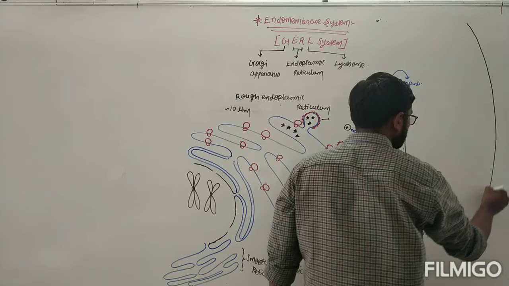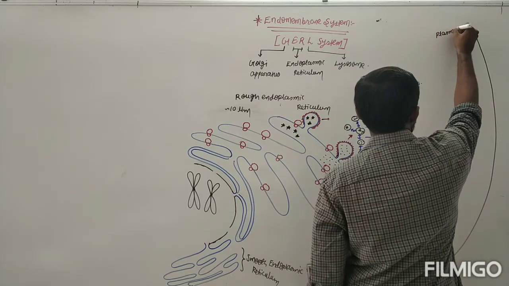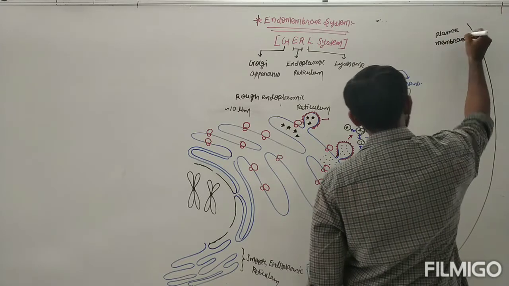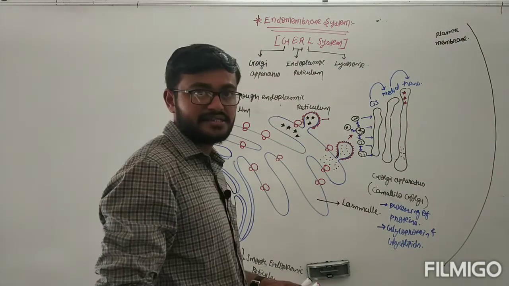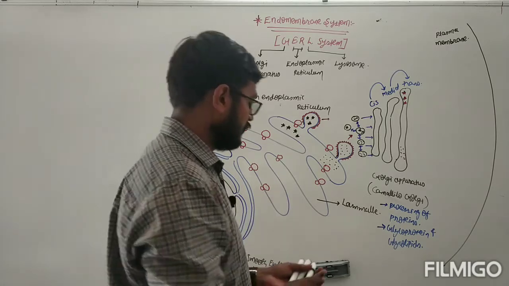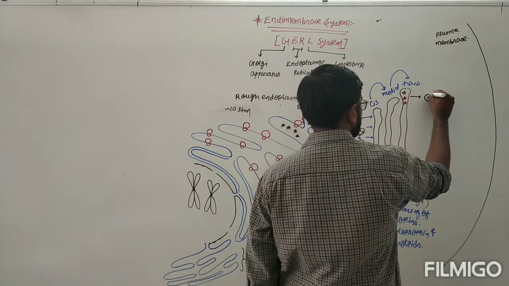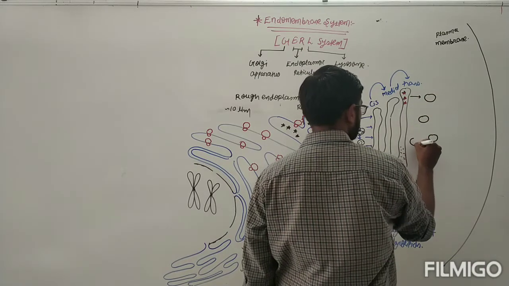Here there is the plasma membrane. This is the part of the plasma membrane which is present. What happens from here? The vesicles are going to be separated and released outside.